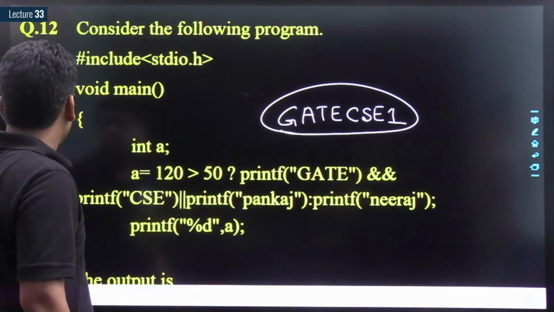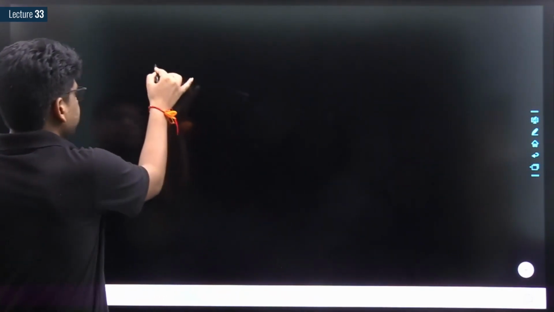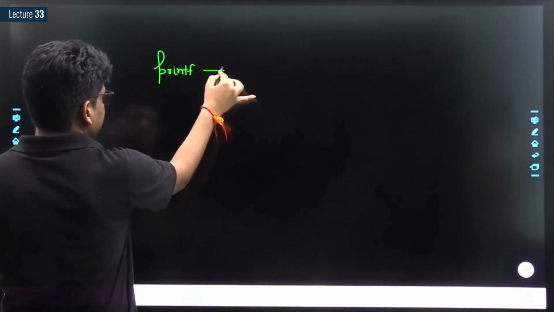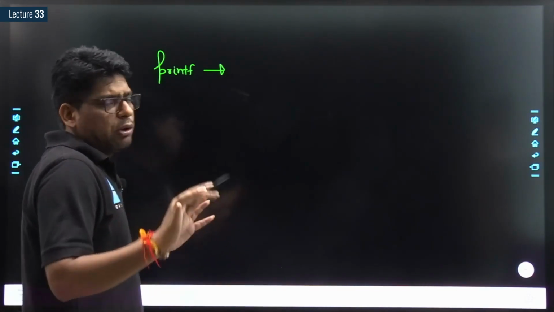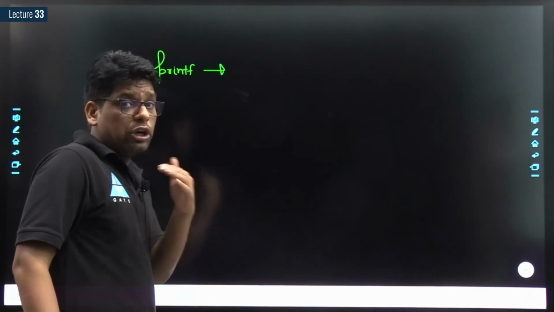Sir, you have discussed something about printf. Let's solve some questions based upon the value associated with printf. Sir, what does printf return? Or don't think about return. What is the value associated with printf if we wanted to use it?